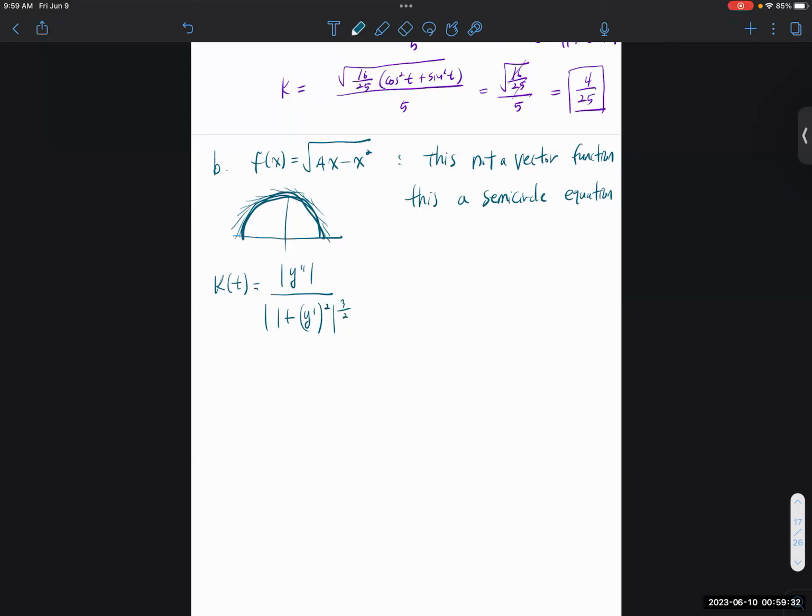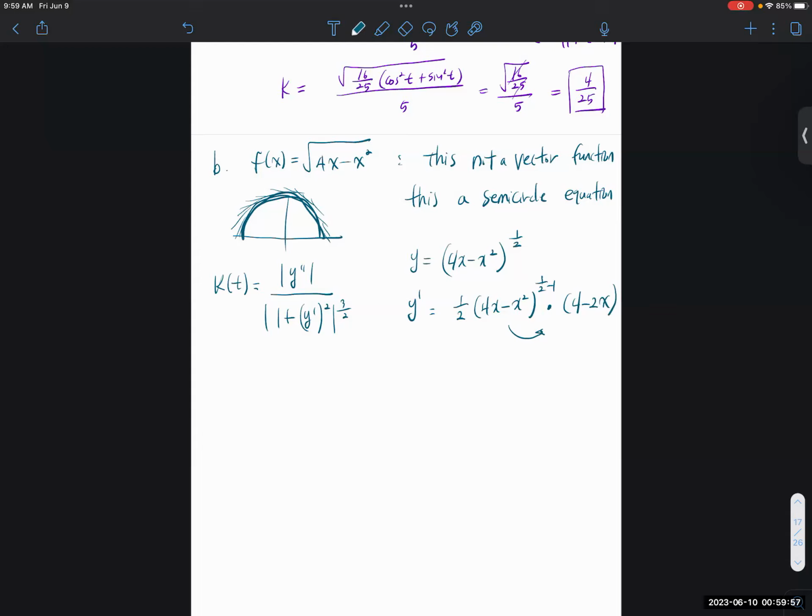We're going to do step-by-step work. First, y is the square root of 4x minus x squared, which is 1/2 power. I can take the first derivative: 1/2 times (4x minus x squared) to the 1/2 minus 1, and then the chain rule gives 4 minus 2x.